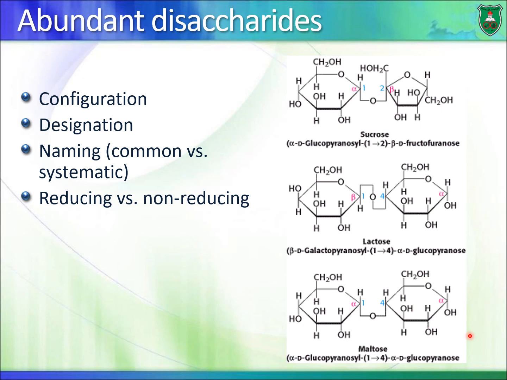So these two are reducing sugars because they have free anomeric carbons. On the other hand, if you look at sucrose, both anomeric carbons are involved in the glycosidic linkage, meaning that sucrose does not have a reducing end. It is not a reducing sugar. So you need to know when you can call a molecule a reducing sugar or not.